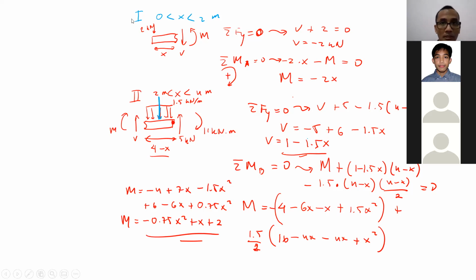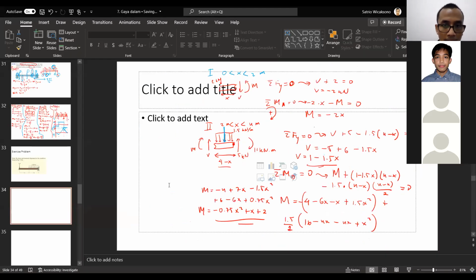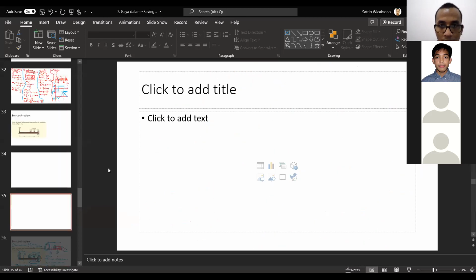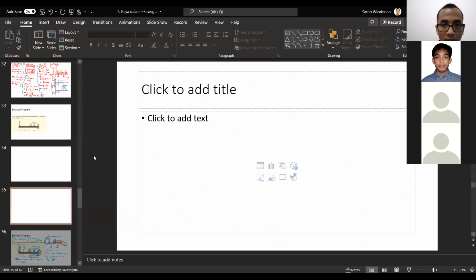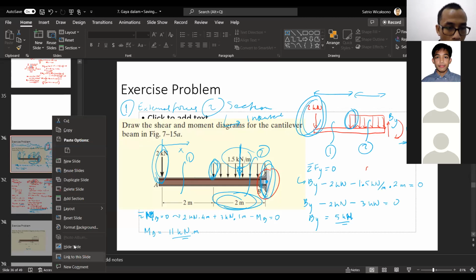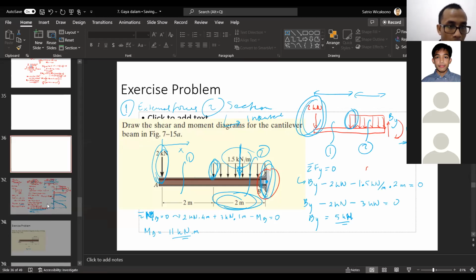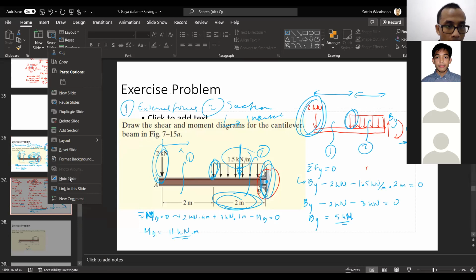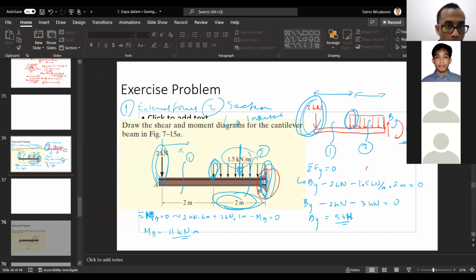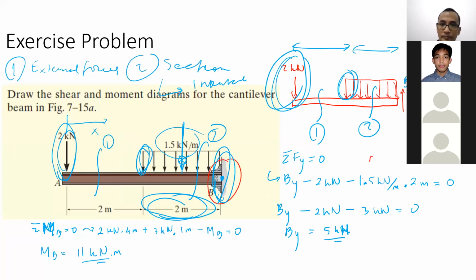Okay, now because we are running out of time, this is the calculation. But now how to draw it? Actually, I did it before, in the previous class.